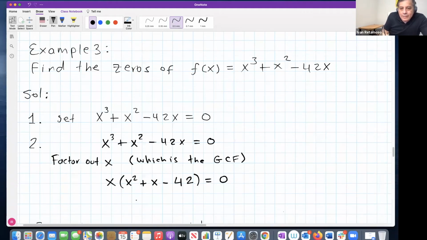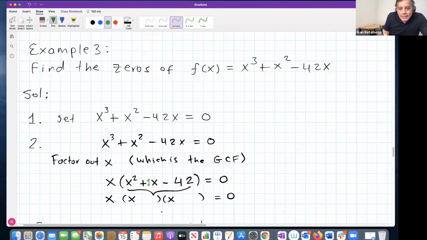Now, guys, remember, in previous courses, they showed you how to factor these quadratic trinomials. You write x here, and you look for 2 numbers whose multiplication is negative 42 and whose sum is this invisible 1. You do some trial and error there.